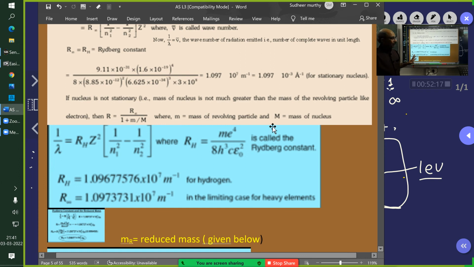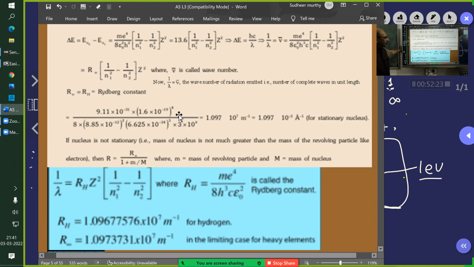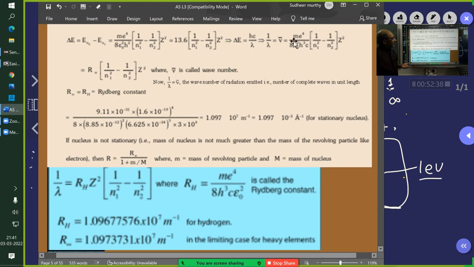This is important here, why? Because the Bohr atom is for hydrogen only, or hydrogen-like atoms. Now if you want to extend it for the heavier elements, then there is a modification that you have to do here.